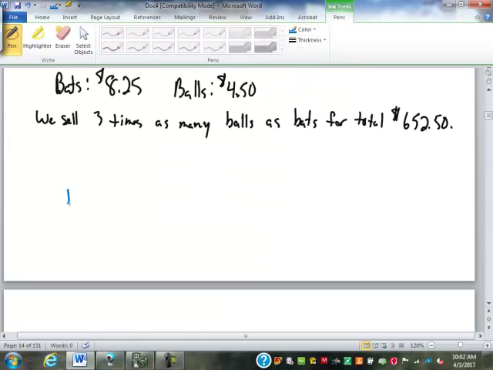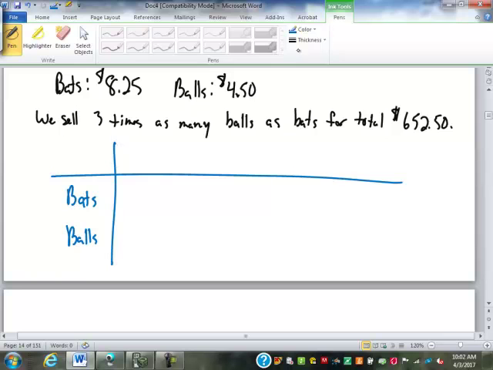So I'm going to put my bats and my balls down here. And we start out with the number sold. Well, it says 3 times as many balls as bats. So I'm going to have to let x be the number of bats. Balls will be 3x. But we don't have the total number sold. We have the total dollar amount.